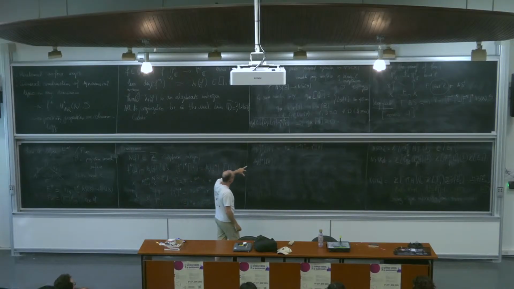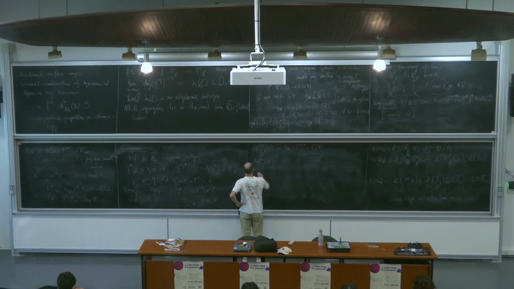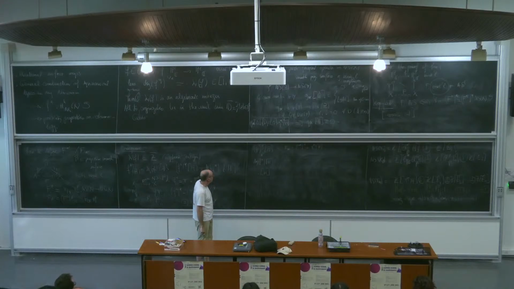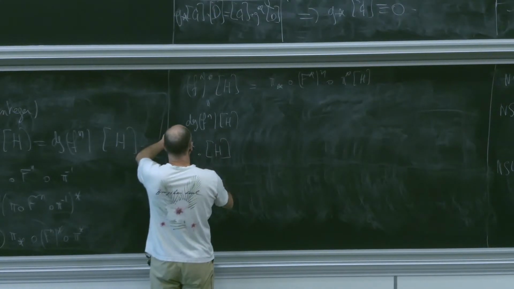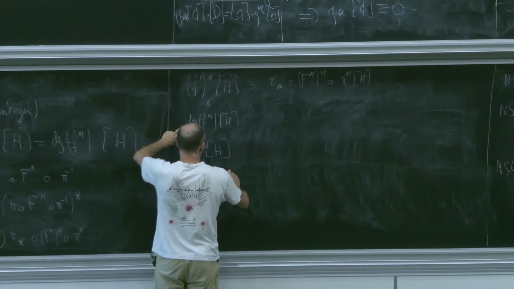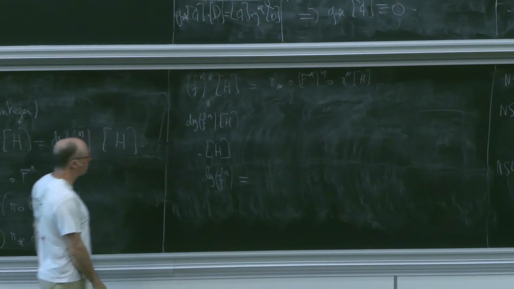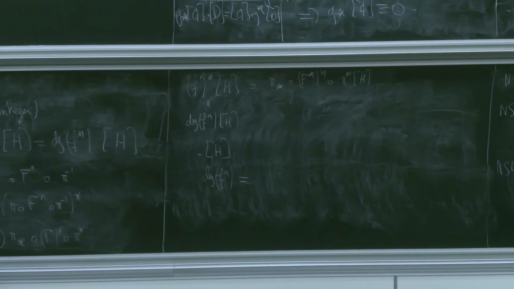And so one way to get some numbers is to intersect with H. So when I intersect this equality with H, on the left-hand side, I get the degree of f^n, because the self-intersection of a line is +1.